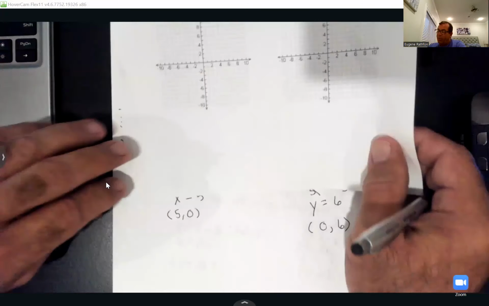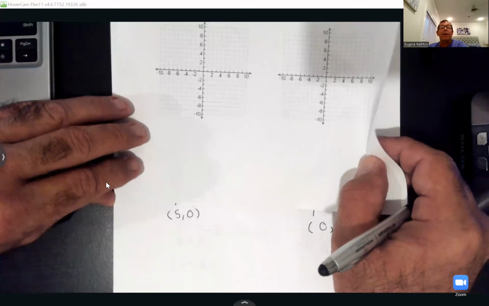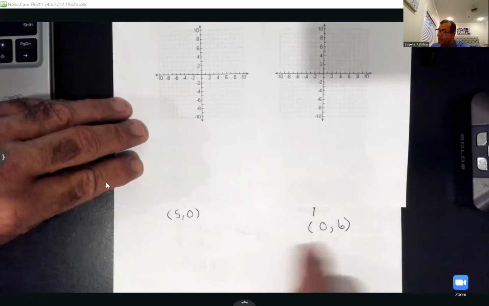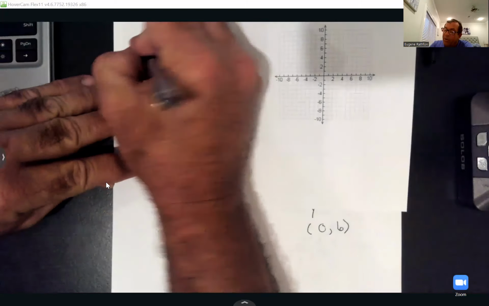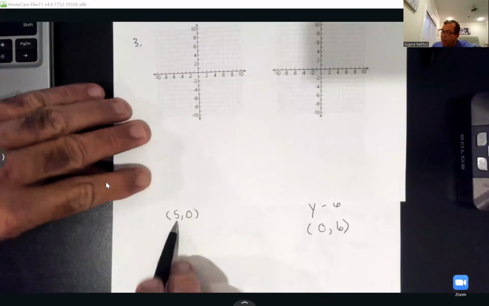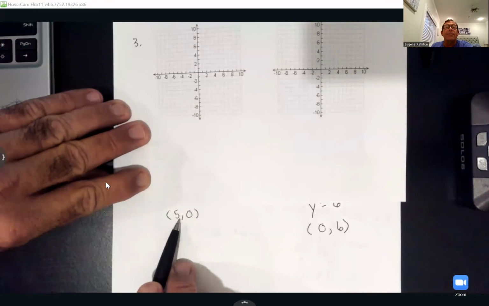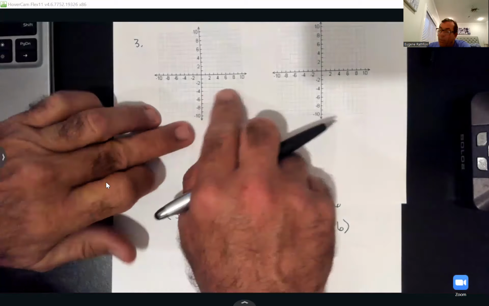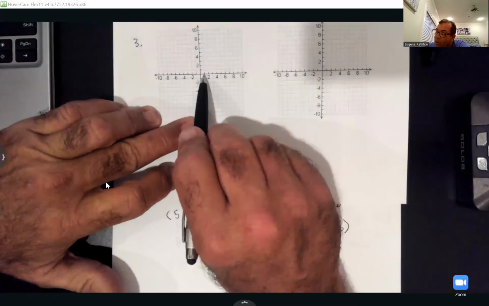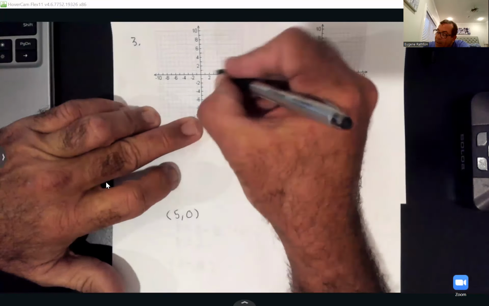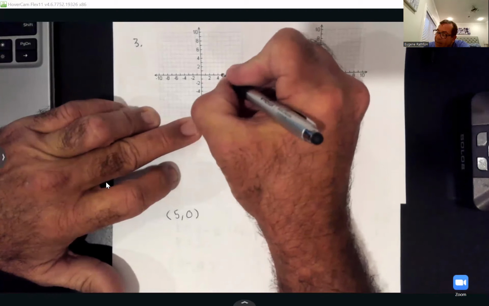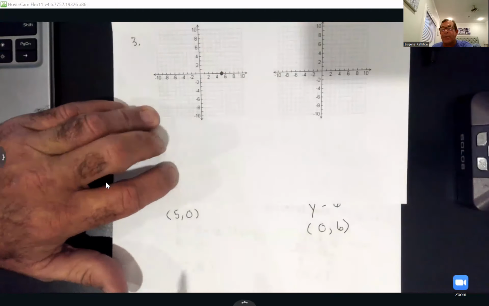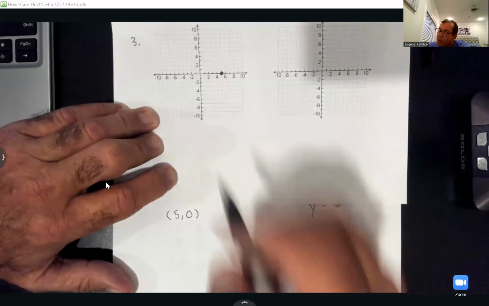All right, y'all, so let me put number 3 right here where we can still see it, and I can still see my points. So our number 3, x-intercept 5, 0. So we're going to go right 5, 1, 2, 3, 4, 5, and stay on the x-axis, since that's my x-intercept. Well, y-intercept was 0, 6.